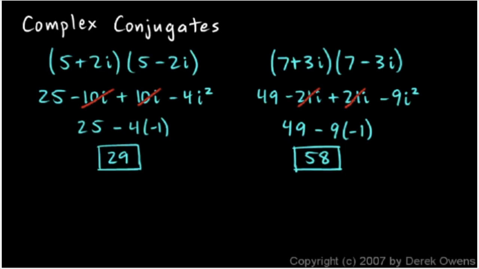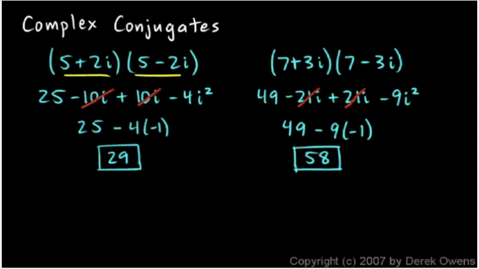Multiply two complex numbers, and the imaginary part has gone away. It's canceled out in both cases. And that's because of the form these numbers are in. I have 5 plus 2i and 5 minus 2i, and over here 7 plus 3i and 7 minus 3i. In each case, the two numbers that I'm multiplying are the same other than the sign of the imaginary part.